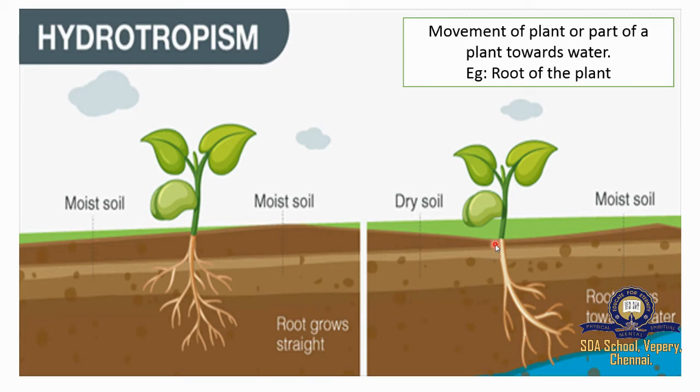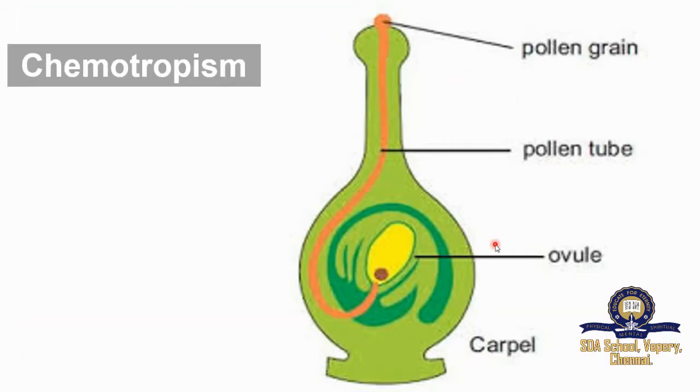Let us move on to the fifth type of tropism, which is chemotropism. Chemo means chemical substance. So a ripened stigma secretes a sugary substance. This chemical substance stimulates the pollen grain which falls on the stigma. Pollen grains respond to the stimulus.